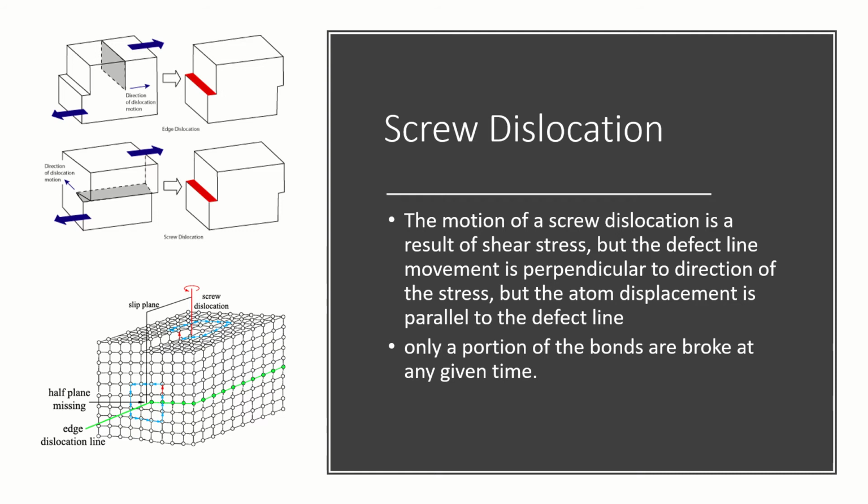If we look at this picture here on the bottom, we can identify the half plane right here. Let's divide this in half and in half. This means that this part, the left top part, was displaced in relation to the left bottom part.